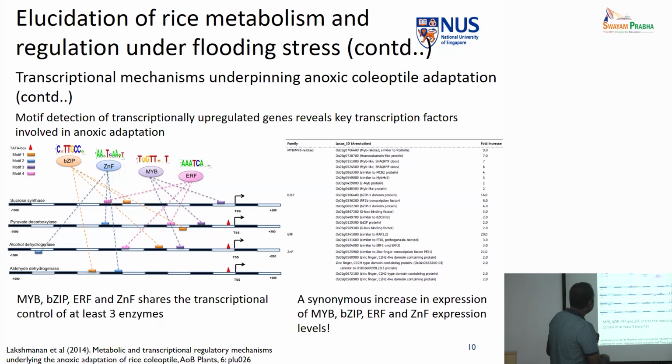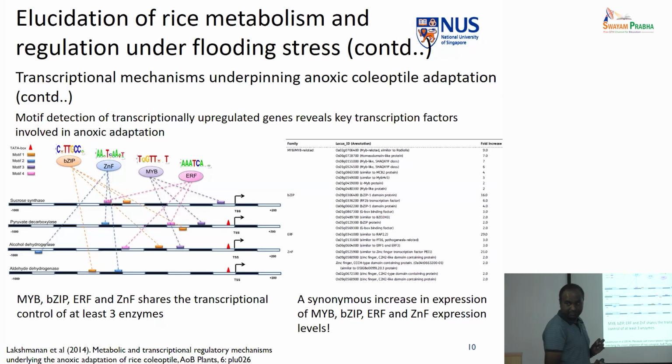They work in a synonymous way. How? Because of the shared control of individual transcription factors, as you can see here. When we look at the motifs of these individual genes at the promoter regions, you can see that they are being controlled in a refined manner. So this suggests that the adaptation happens at the transcriptional control level, which is realized at the flux level. That's the ultimate story here.